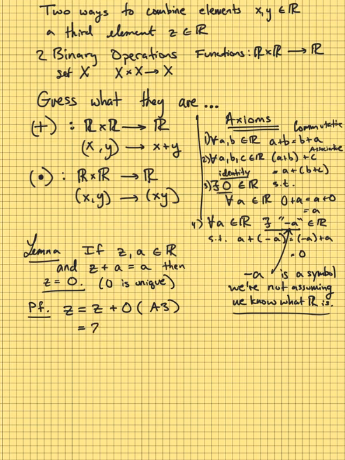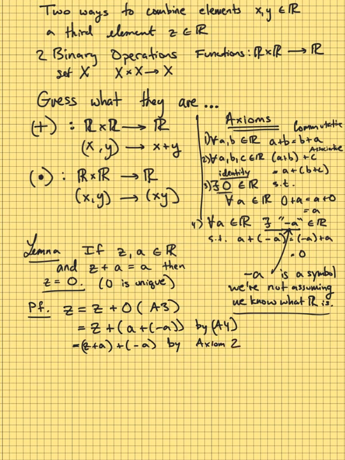And this is equal to z plus a plus minus a by axiom 4. And this is z plus a plus minus a by axiom 2, by associativity.